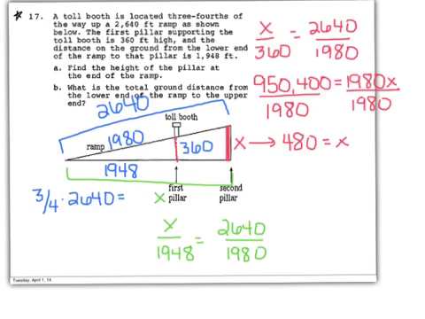gives me 5,142,720, and that's going to equal 1980 times x.